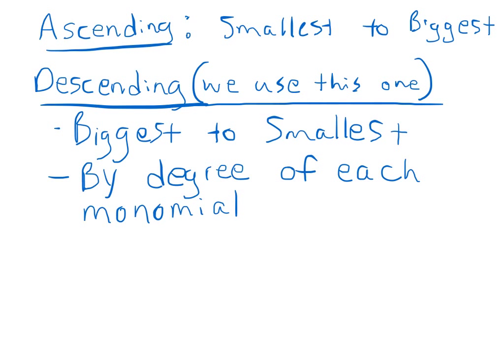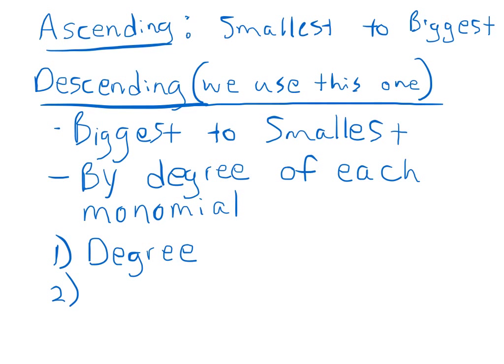The two things that we look at to put things in order, okay, and these are kind of two rules, and this will bring us back to when we were combining like terms. The first thing that we look at is degree. Okay.